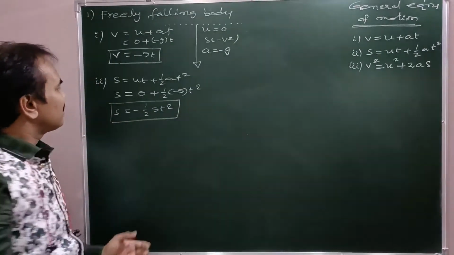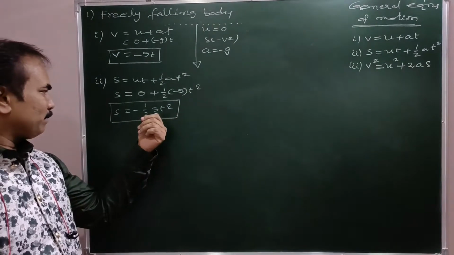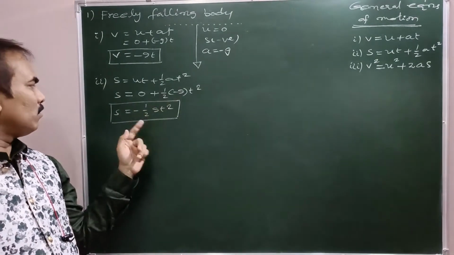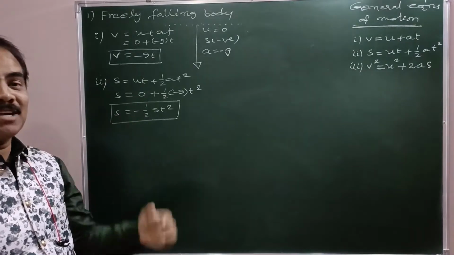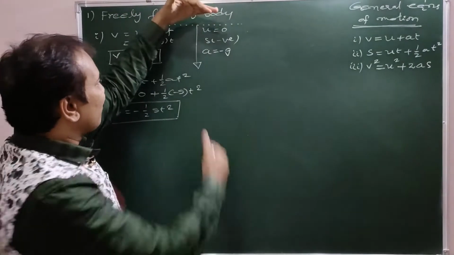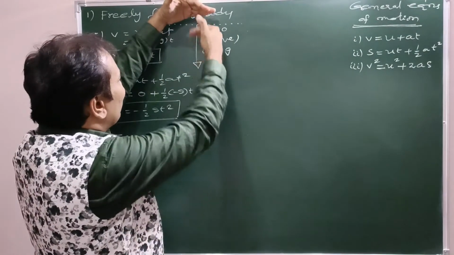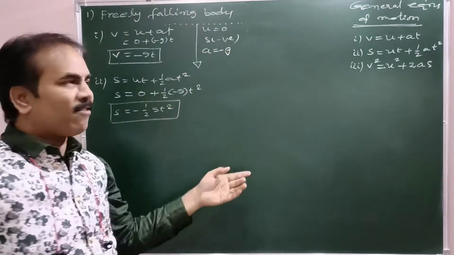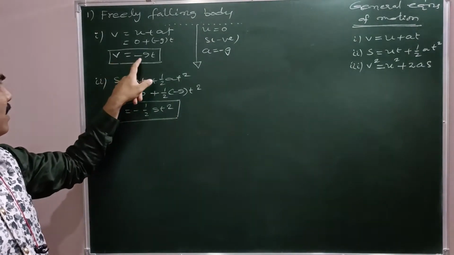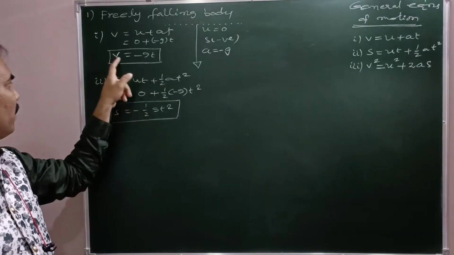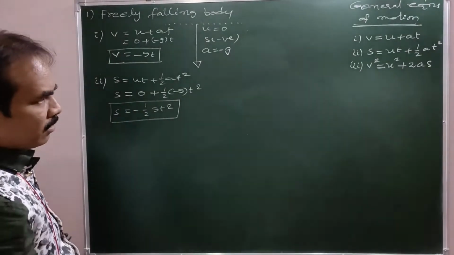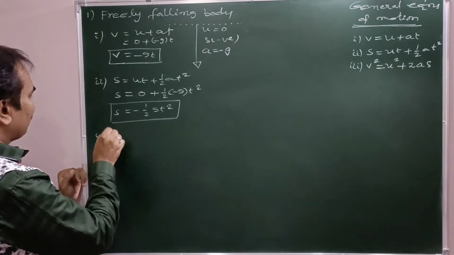Here t is positive, g is negative, so the displacement comes with a negative sign. Why? Because the body is moving on a vertical line below the reference line. Therefore s is negative, v also negative.